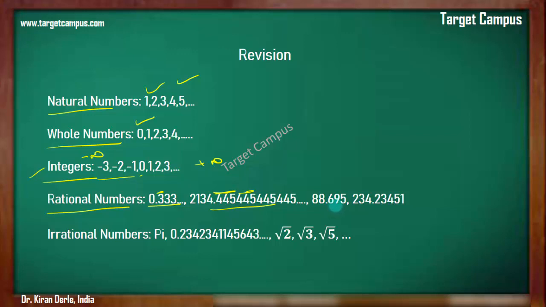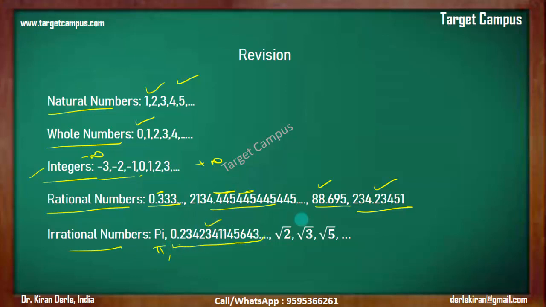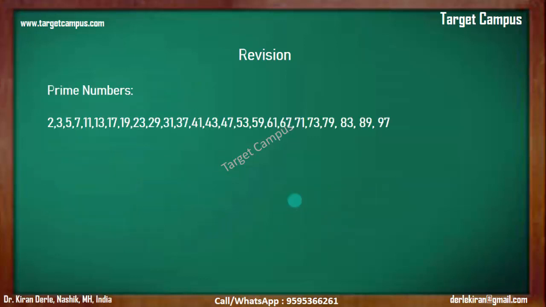And terminating is again a rational number. Irrational number is pi, right? This is also an irrational number, no specific pattern, non-terminating fraction. Yes, root 2, root 3 as we have already seen. This is basic stuff, classification of numbers you should understand. I hope this is clear.